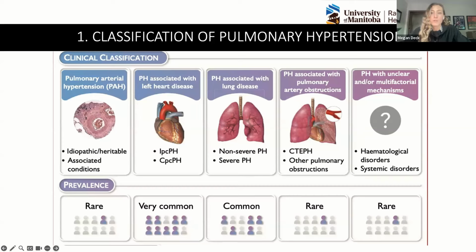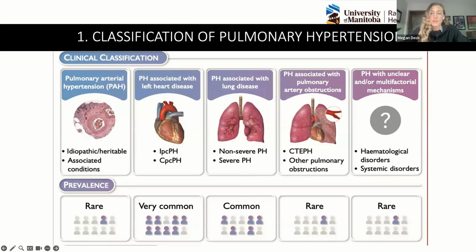So group 1 pulmonary hypertension refers to pulmonary arterial hypertension. Group 2 is associated with left heart disease and is by far the most common that we'll encounter. Group 3 is associated with lung disease and/or hypoxia. Group 4 is associated with pulmonary artery obstruction, such as chronic thromboembolic pulmonary hypertension. And group 5 is kind of a grab bag associated with unclear or multifactorial mechanisms.